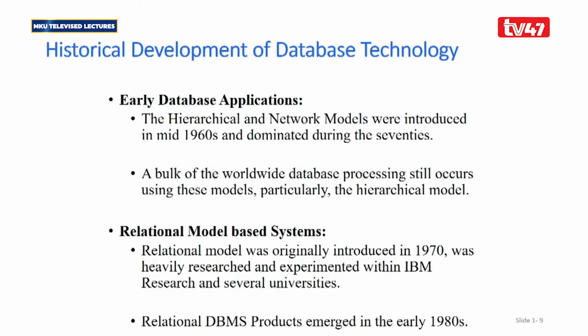So we also have relational model based database systems which came in around 1970, and this is a model that is currently being used, a very important model that is based on relations, where we can relate different entities and reduce redundancies and ensure that there is consistency within our databases.